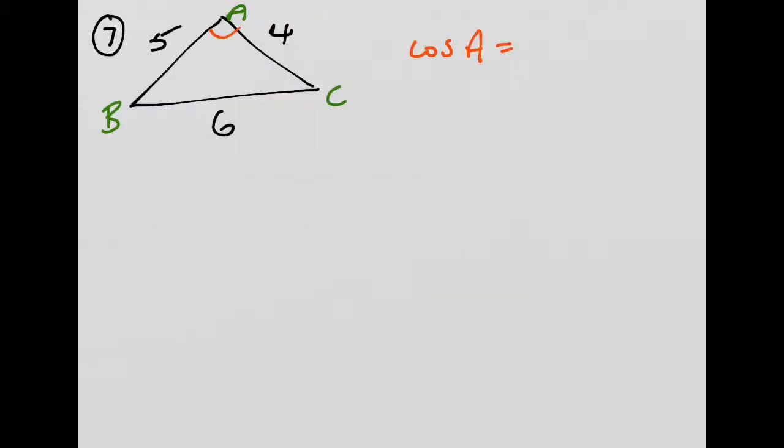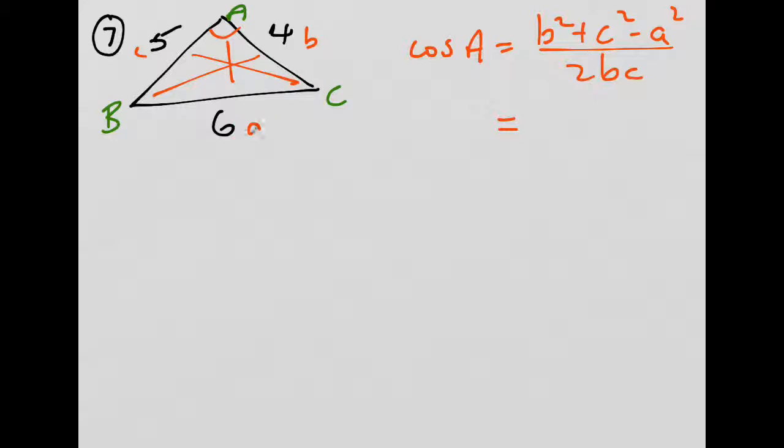For question 7, the cosine rule. Well, we know the cosine rule for cos A is b squared add c squared minus a squared over 2bc. So this is little b, this is little c, this is little a.